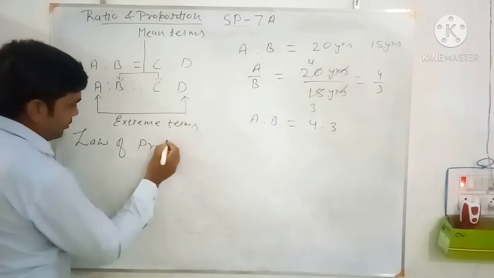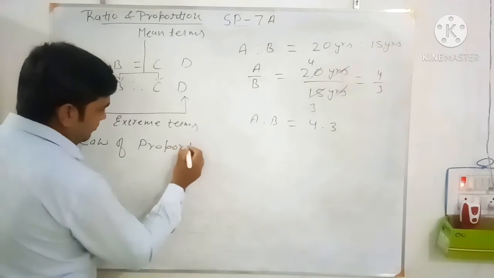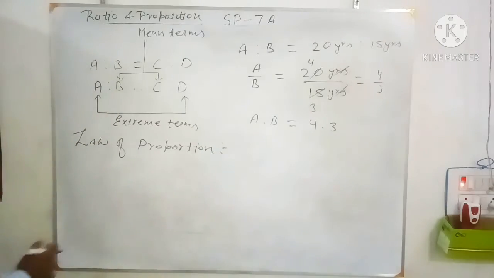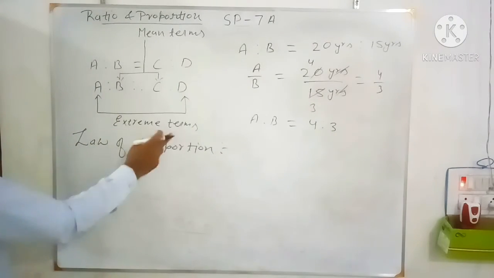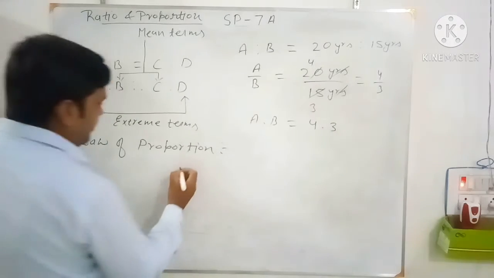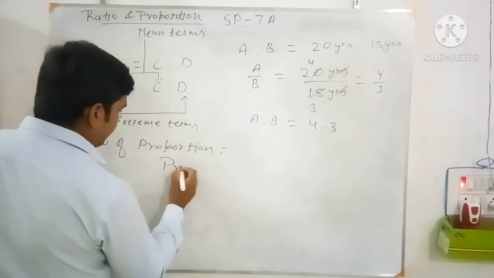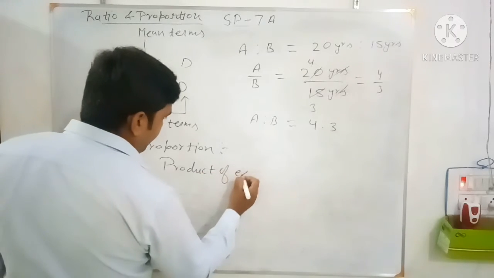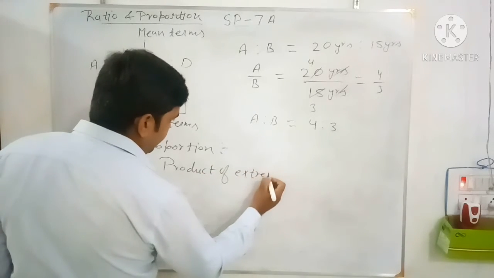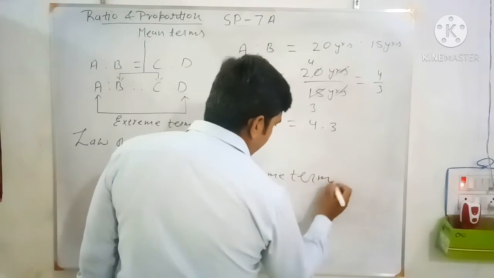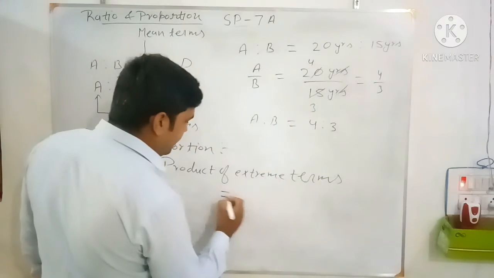The law of proportion says that the product of extreme terms equals the product of mean terms.